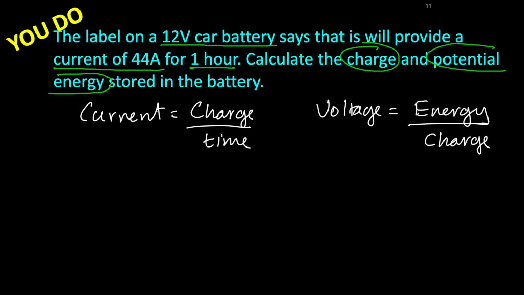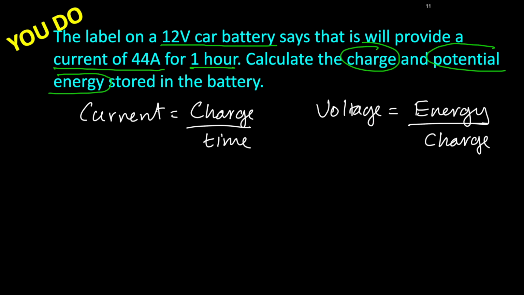So the first one we're going to use is this one here. We're going to use that equation because we know what current is and we know what time is. We have 44 here and we have 1 hour here. We wouldn't be able to use the other equation because we don't have a value for energy. So we wouldn't be able to find charge although we have voltage.